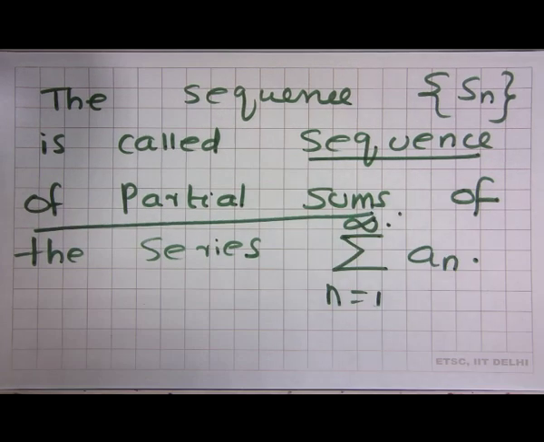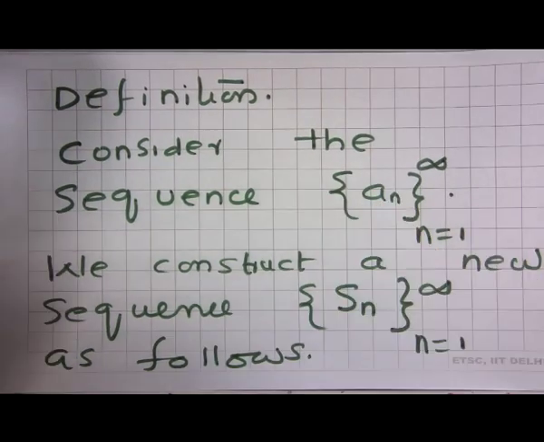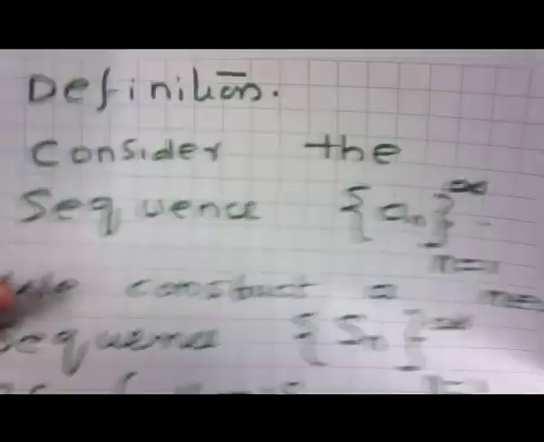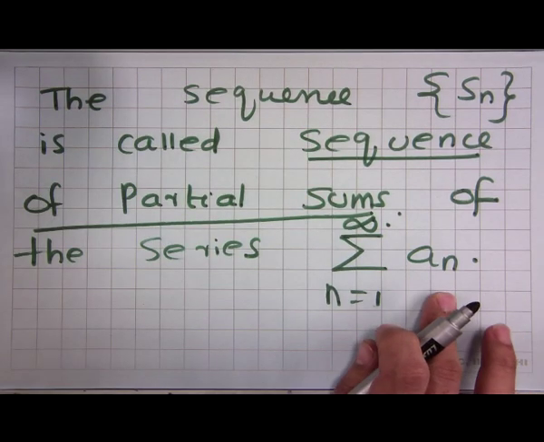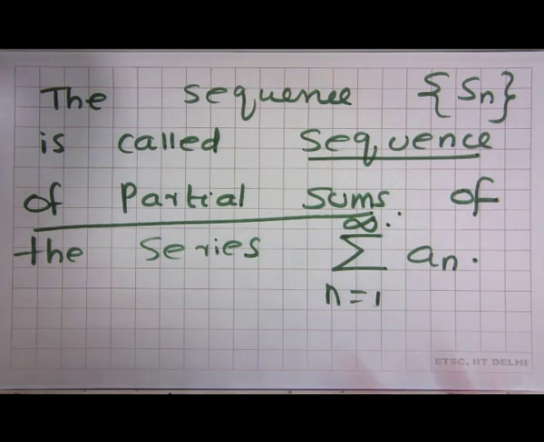Remember, given a sequence, we have the corresponding series expressed as summation n equal to 1 to infinity an. And for this series, how do we define the sequence of partial sums?